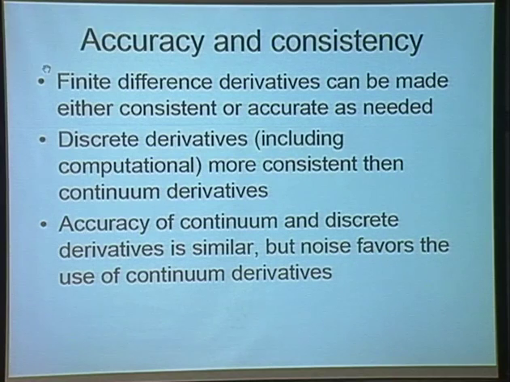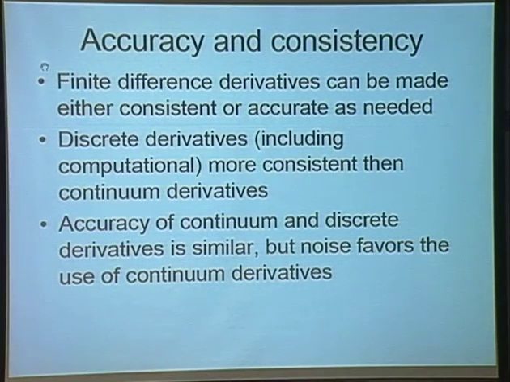Discrete derivatives, which is what you'll find typically coded into finite element codes, and it doesn't matter whether you do them by finite differences, that is semi-analytical or computational, will be consistent. That is, when you change your finite element model without changing the number of elements, the derivative will predict what will happen to the stress.